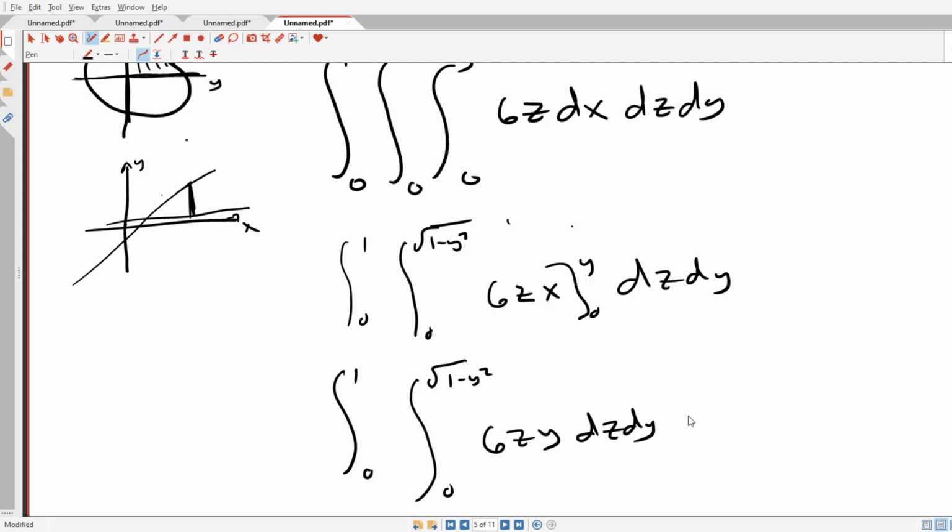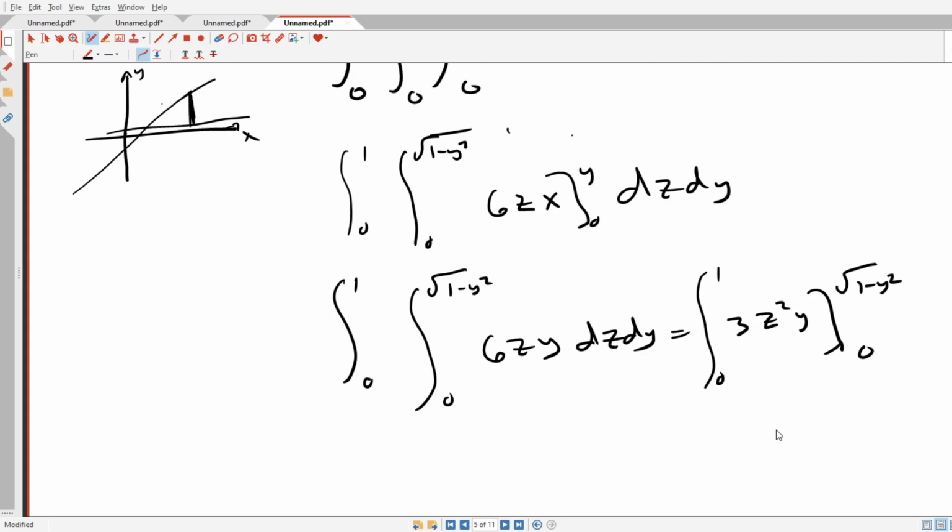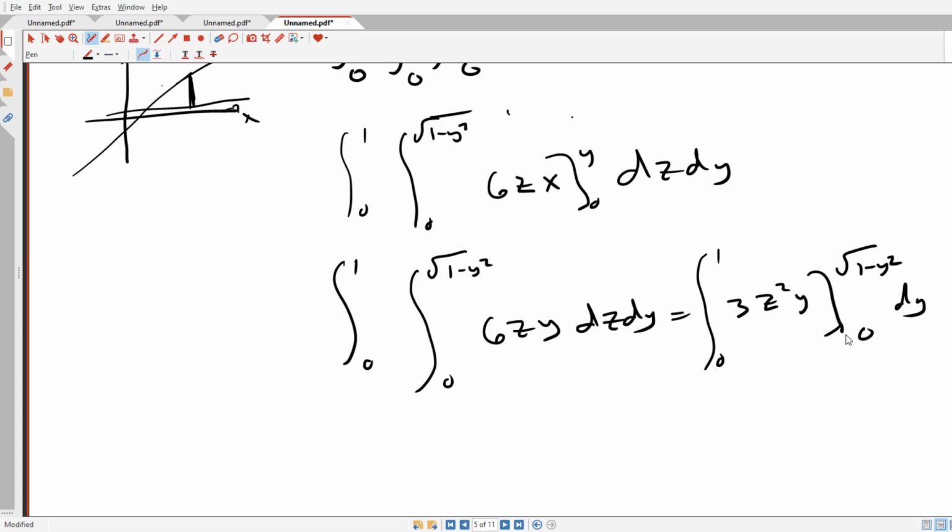So I integrate this with z, and I get 6 z squared over 2. That's going to cancel, so I get 3 z squared y from 0 to root 1 minus y squared dy.